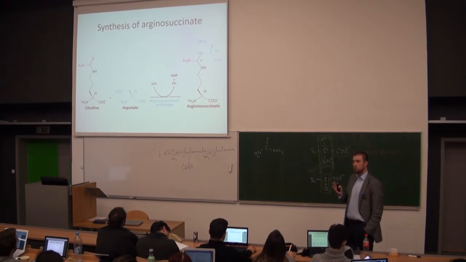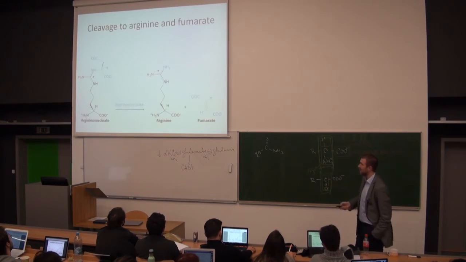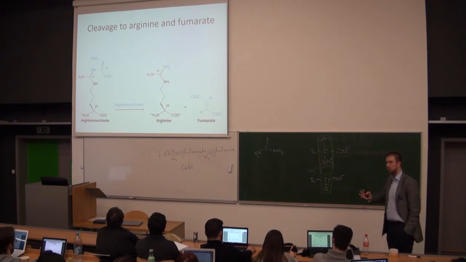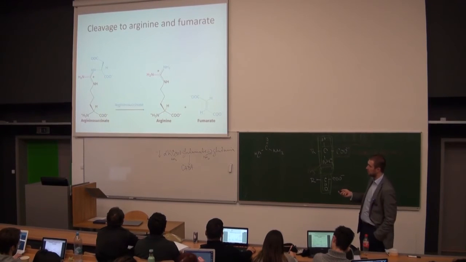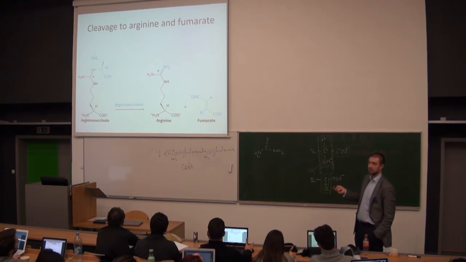And now you carry out 2 processes where you release something from this big complex. First, you want to remove the succinate from the molecule. The enzyme is called arginosuccinase. Simply, you remove one part of the molecule, therefore the ending -ase added to the substrate, and you destroy this bond, forming arginine, and here you form the double bond. That means you release the fumarate.